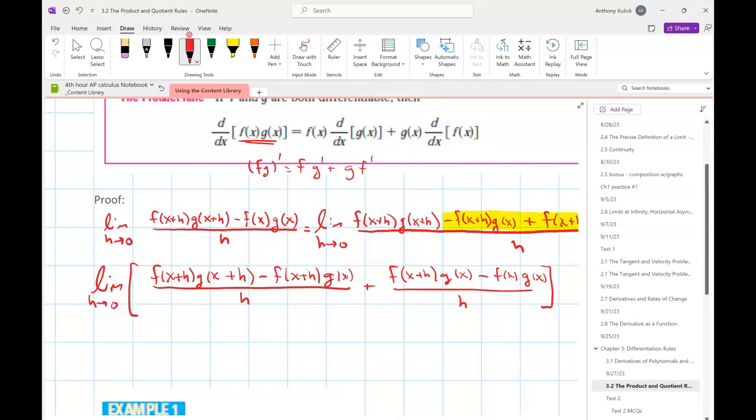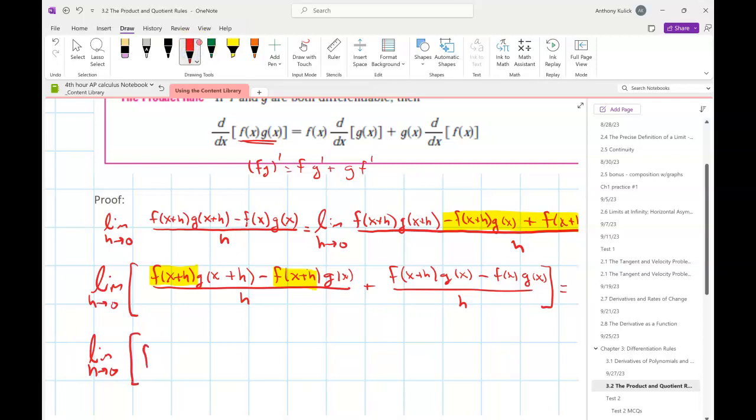If I look at that first fraction, what do you notice? Greatest common factor? f of x plus h. So I'm going to factor that out.